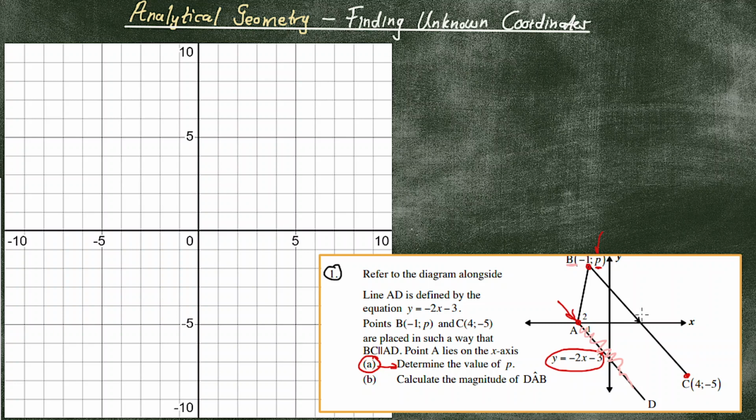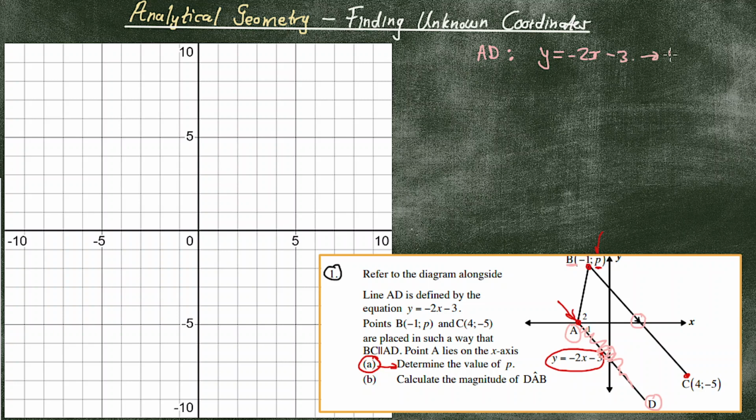The moment I see parallel lines, I'm thinking I know that parallel lines have equal gradients, right? So for this question, I'm going to have to use the gradient. I have my parallel lines and the AD line. I'm given the equation for this, which is y equal to minus 2x minus 3.